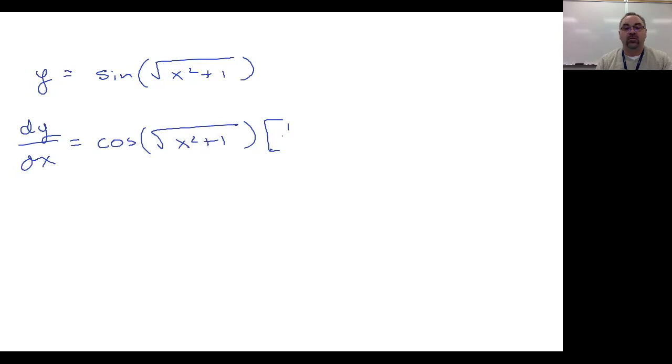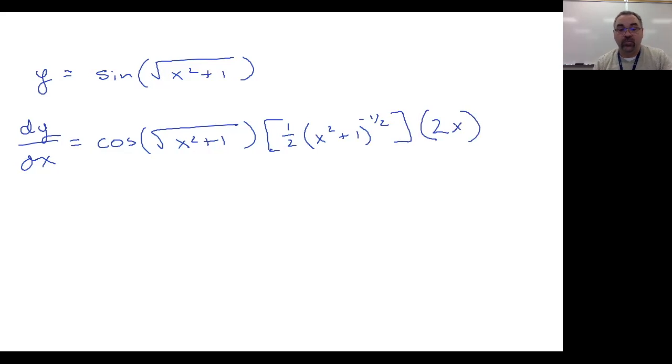Well, we know the square root has a derivative of 1/2. Leave x squared plus 1 alone. Subtract 1 from the power. Chain rule says, we're not finished yet, because there's an inside function there still. X squared plus 1. What's that derivative? Oh, that's just 2x.